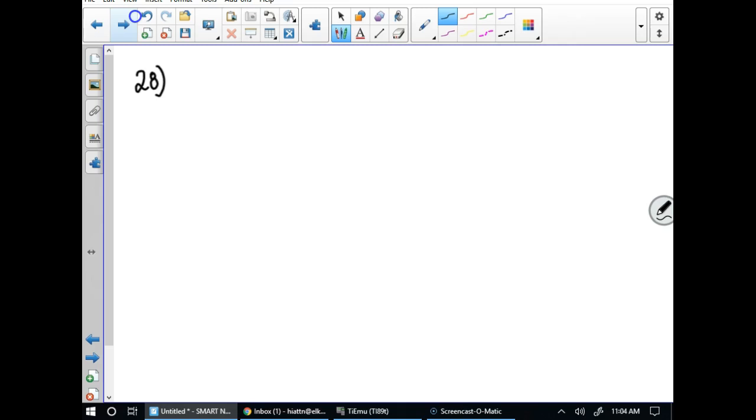So for 28, you have the square root of 7a minus 54 minus a equals negative 6. Now for this one, I need to square to get rid of that square root, but I have something on the outside of the square root I need to get rid of first. What do I need to get rid of before I can square both sides? That a. And I can't really get rid of it, but I can move it to the other side.